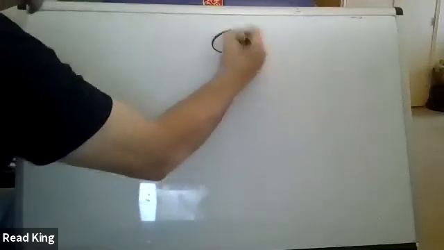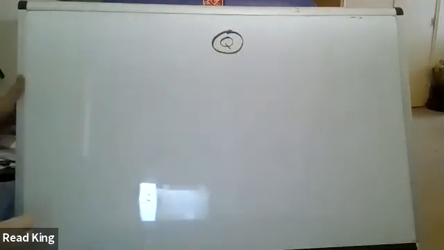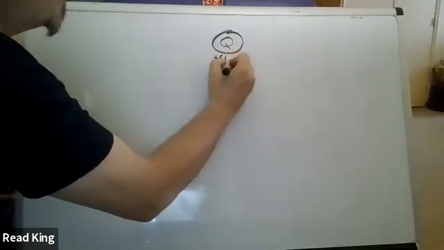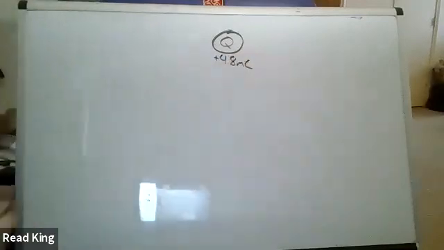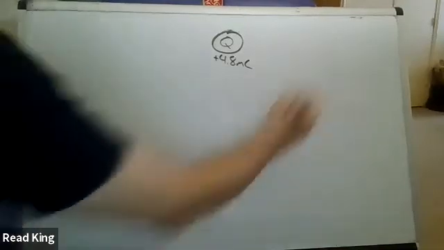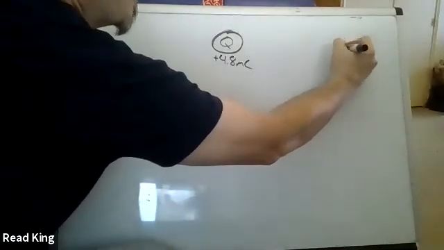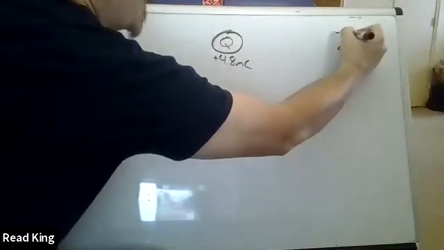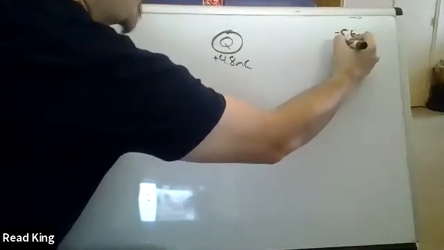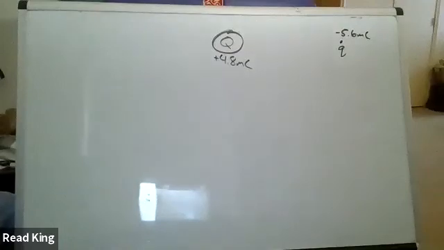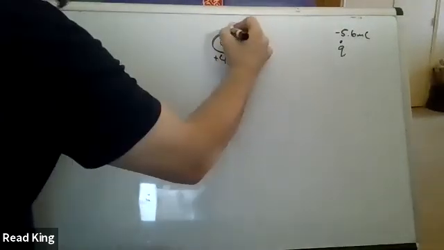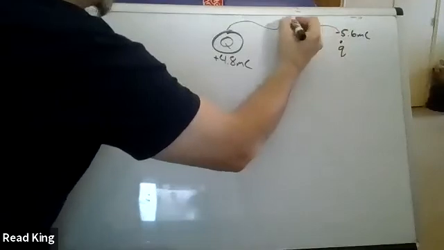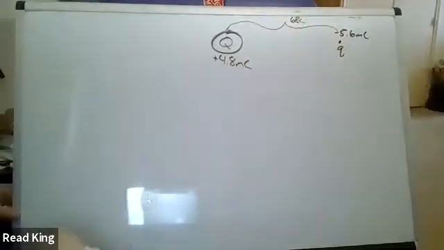So we've got a fixed charge Q. That fixed charge is plus 4.8 millicoulombs. We have another charge that is minus 5.6 millicoulombs, and it is 68 centimeters from it.